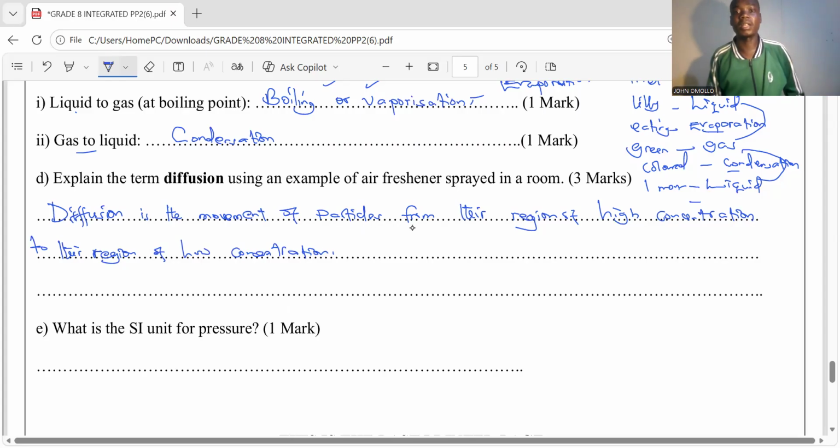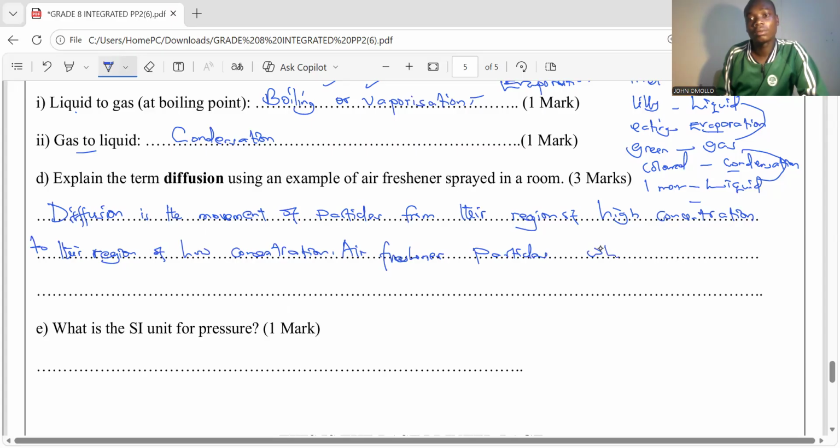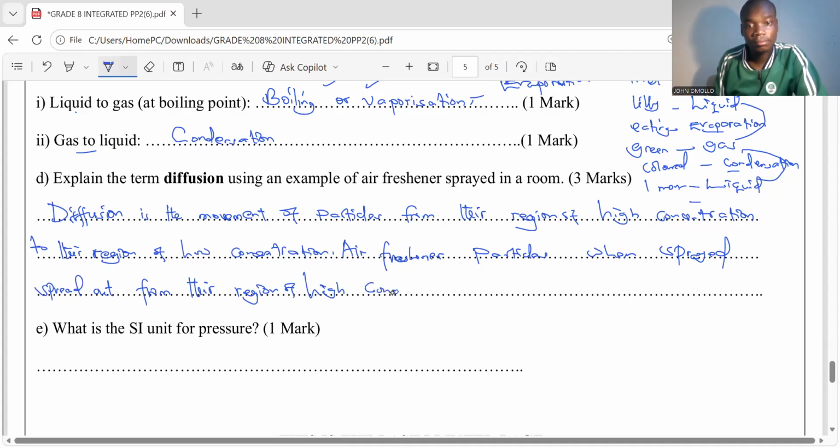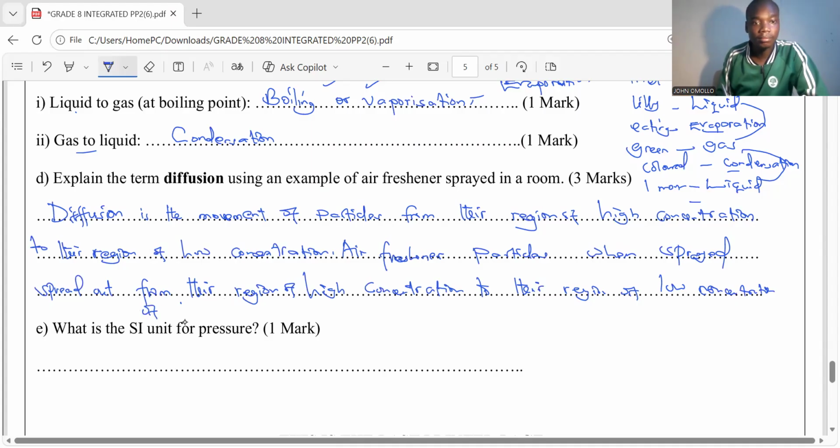So using an example of air freshener sprayed in a room. We know that air freshener particles, when sprayed, spread out from their region of high concentration to their region of low concentration in the room.